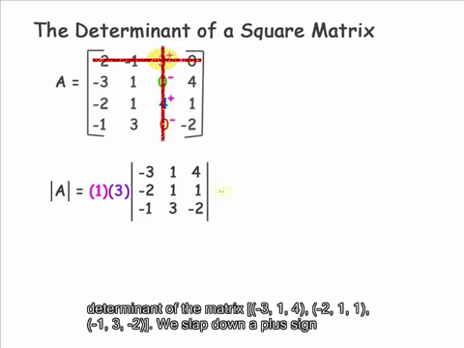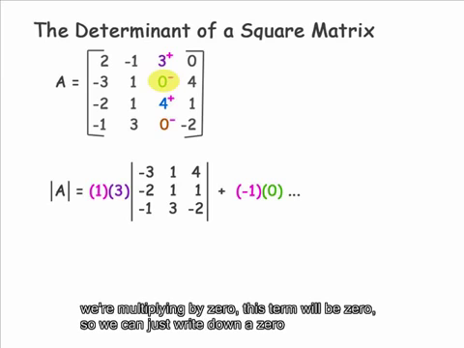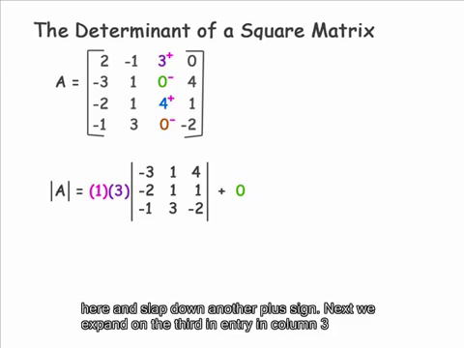We slap down a plus sign and expand on the second entry in column 3 to get -1 times 0 times, but wait, since we're multiplying by 0, this term will be 0. So we can just write down a 0 here and slap down another plus sign.